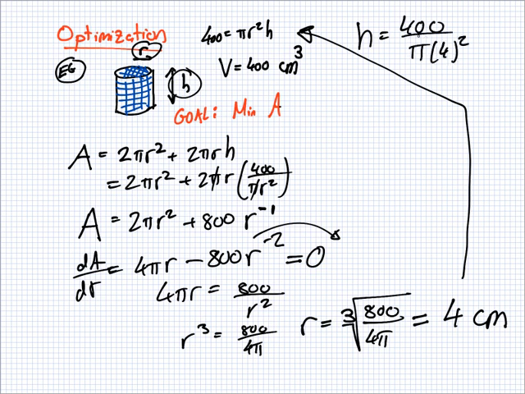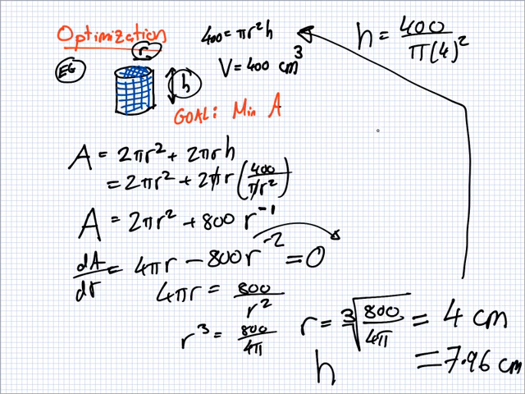So what's 400 over 16 pi? 7.96. So that's about 8 centimeters.